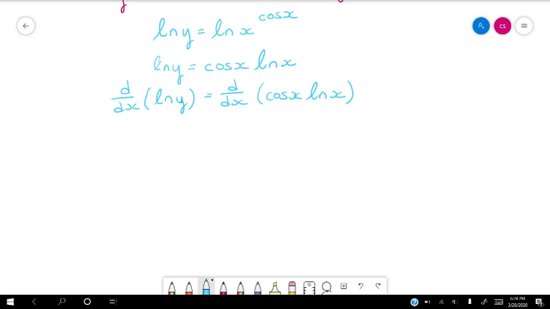Okay, and remember y is a function of x. So the derivative of natural log of y is 1 over y times dy/dx, or y prime.